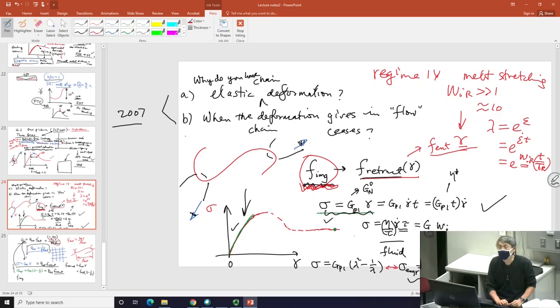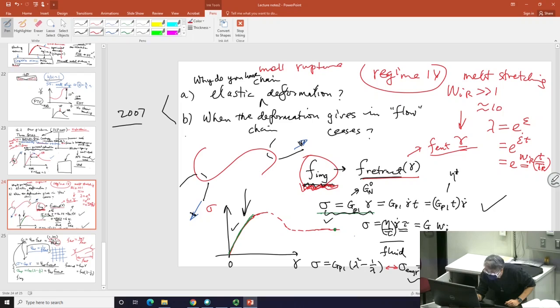Cause and effect. I tend to think this is the cause, but I could be very loose on this point. The bottom line is when you stretch fast enough, we'll come back to talk about an even more perplexing feature, which is this regime 4 type of melt rupture, as you know.